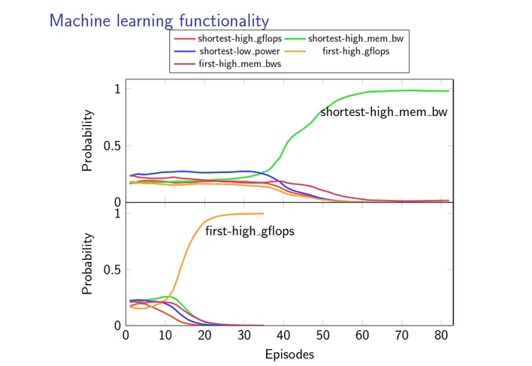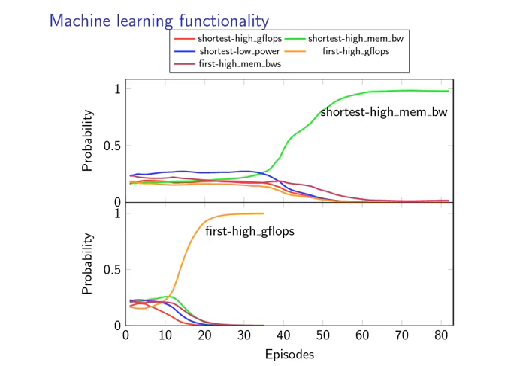The agents learn to choose the policies that bring the best rewards, in this case because the energy consumption is smaller. The agent with the baseline simulator eventually chooses shortest high mem bandwidth, while the agent with IRMASIM reaches much faster the conclusion that first high GFLOPS is better.